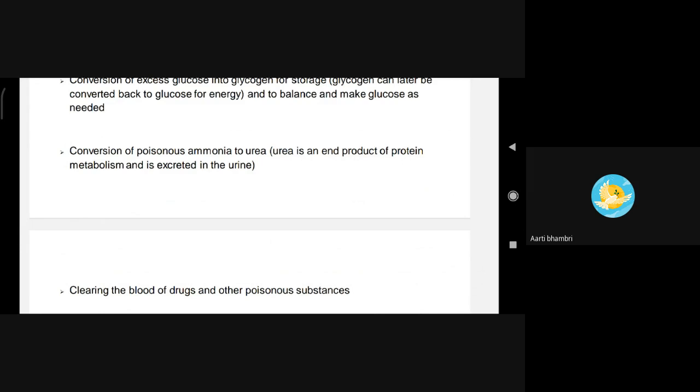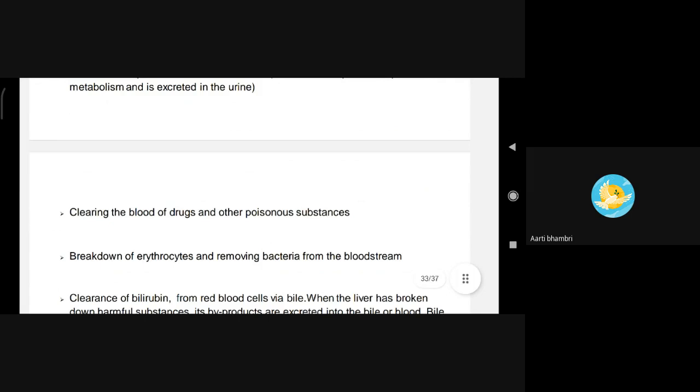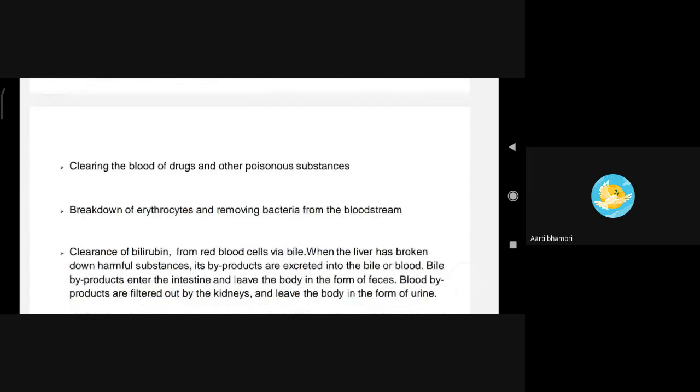And this conversion from ammonia to urea is done by the liver. Then clearing of blood of drugs and other poisonous substances.